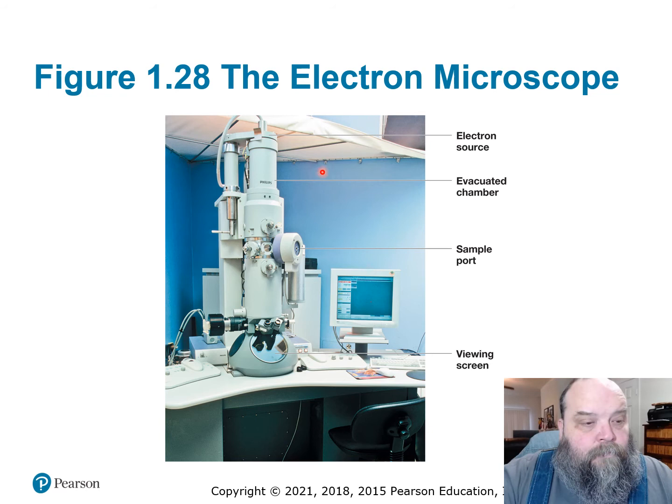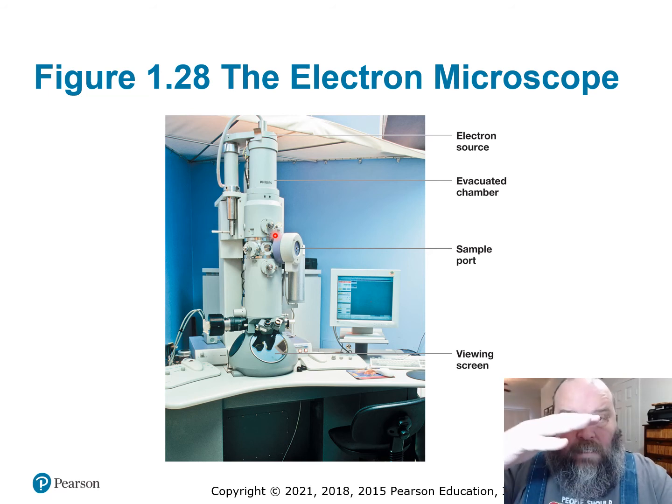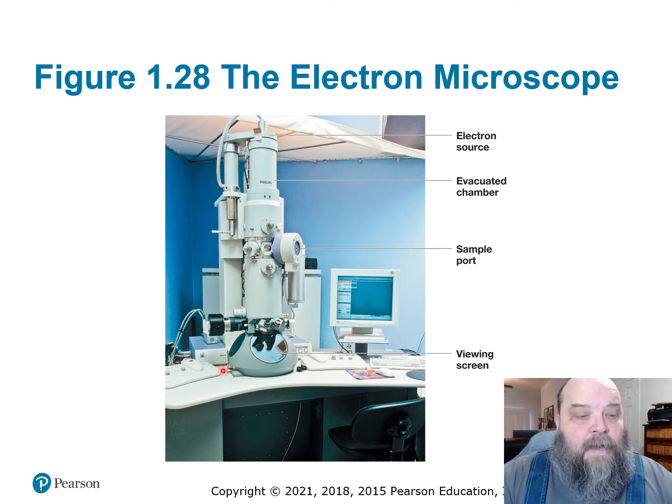You look here. This is a transmission electron microscope. Not those little things that you play with in lab. This thing is about 3 to 4 feet tall. This little entry right here, what they call the sample port, this is where you put your sample in.